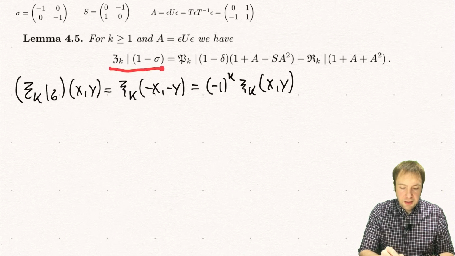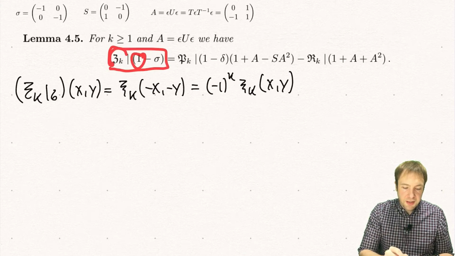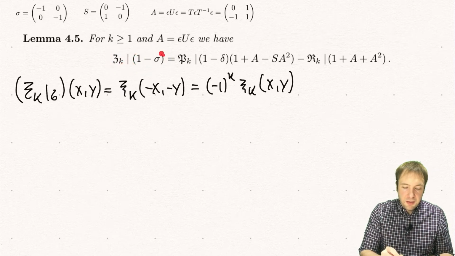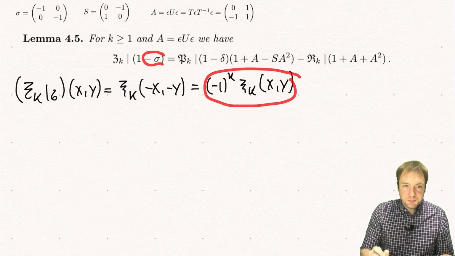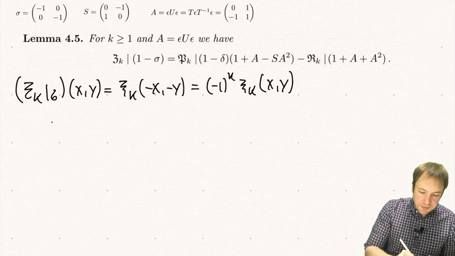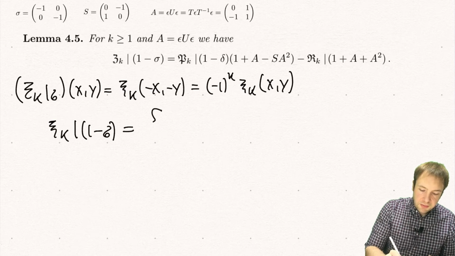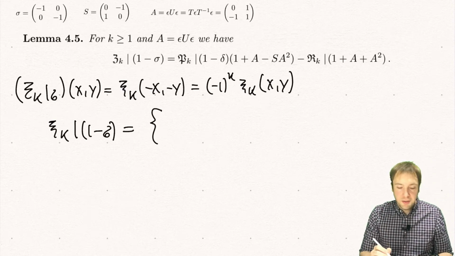Therefore, if I have this expression here, so I let the identity matrix act on this, which doesn't do anything, minus this part here, we see that this zk, where I let this act, is depending on the parity of k.